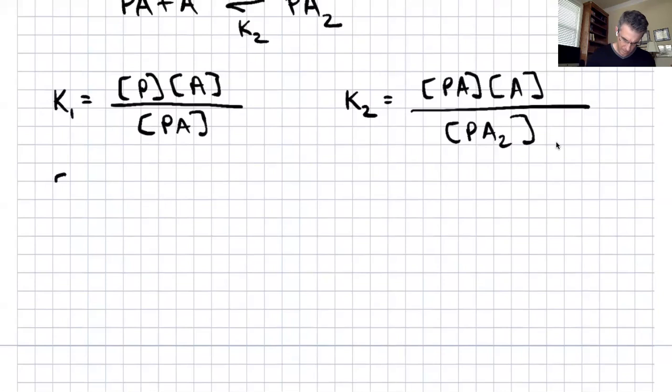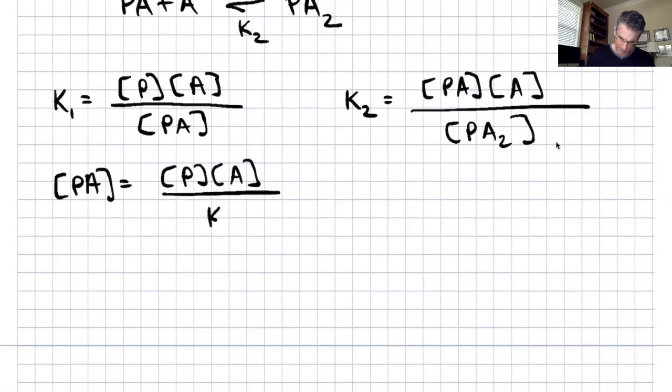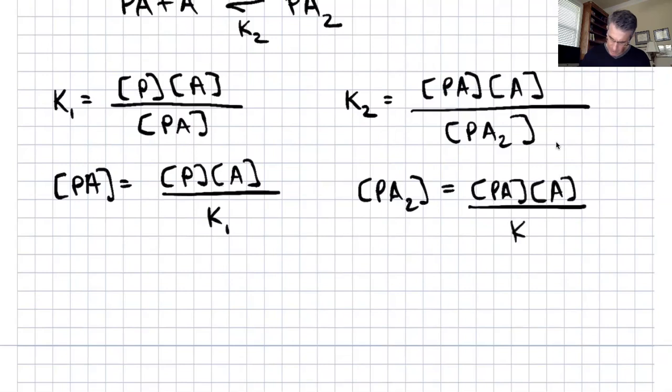So the concentration of PA has to simply be equal to the concentration of P times the concentration of A, divided by K1. We can do the same thing with this one over here. We can solve this one for the concentration of PA sub 2, you'll see why in a moment. That equals the concentration of PA times the concentration of A, divided by K2.